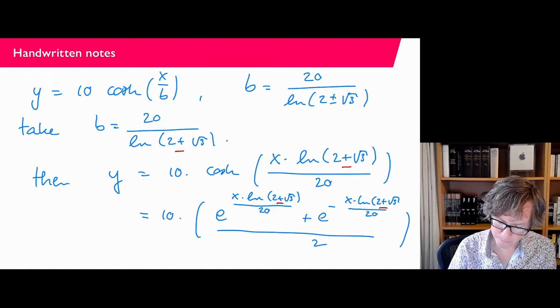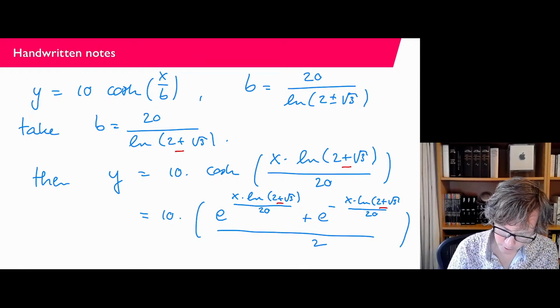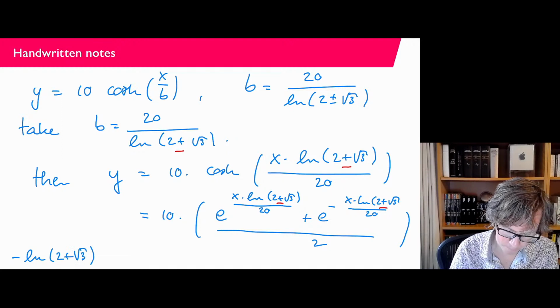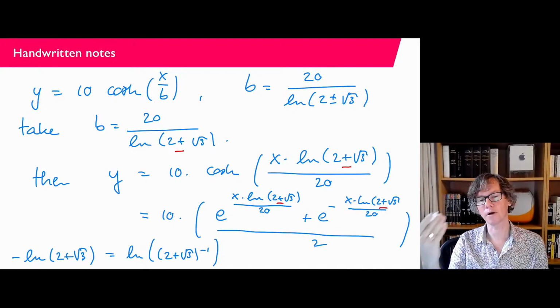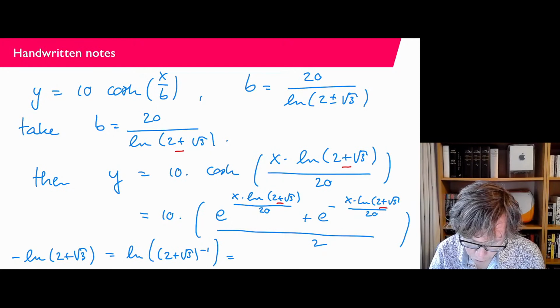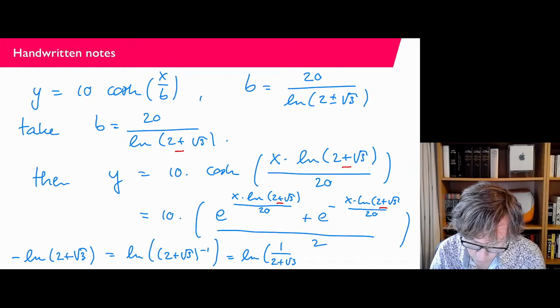And the way you can see that is that if you have minus ln 2 plus square root of 3, that is the same as ln of 2 plus square root of 3 to the power minus 1, because if you have a number in front of the ln, you can write it as an exponent, which is the ln of 1 over 2 plus square root of 3.